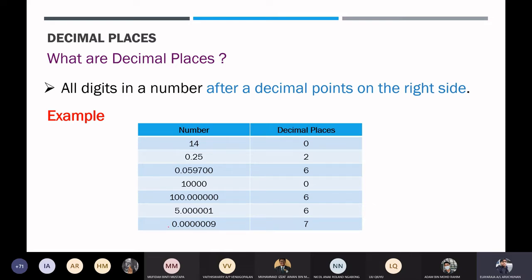Whatever the numbers are, even at the last place, you need to read everything, so it should be 7 decimal places. So that is the importance of decimal places, and try to memorize how you can read and see the different patterns of the numbers in order to count the decimal places.